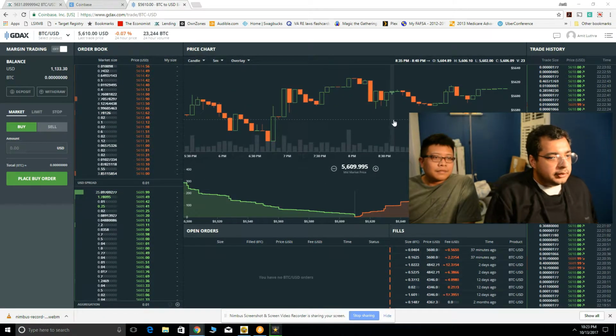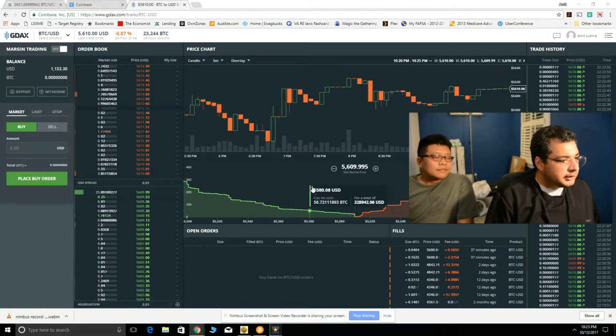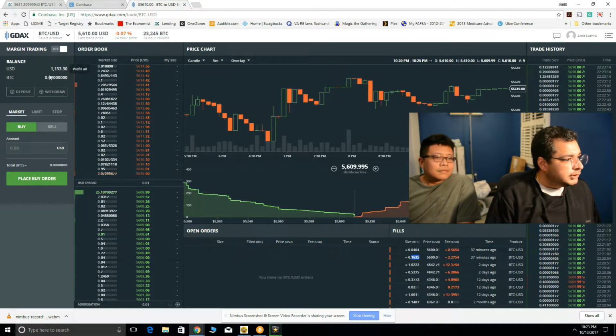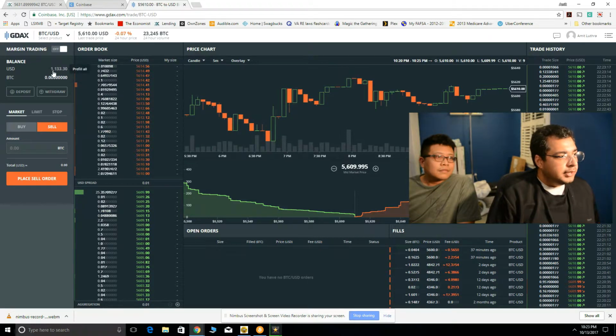Alright, welcome back. So the Bitcoin got transferred into my GDAX account. I executed a market trade. I sold the 0.2 Bitcoin, and the way that works is you just click on the Bitcoin amount, hit sell, and place your order. And I got $1,133 worth of Bitcoin.